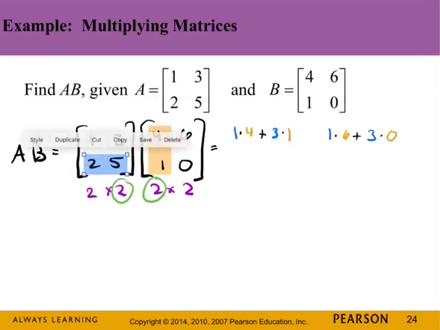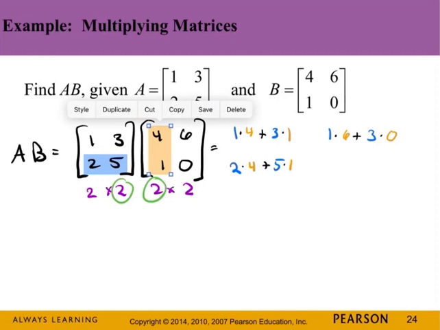Now we say row 2 times column 1. So we say the row times the column. So it's going to be 2 times 4, so that's 2 times 4 plus 5 times 1. 5 times 1.